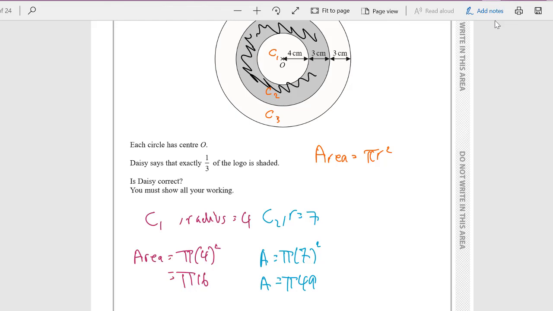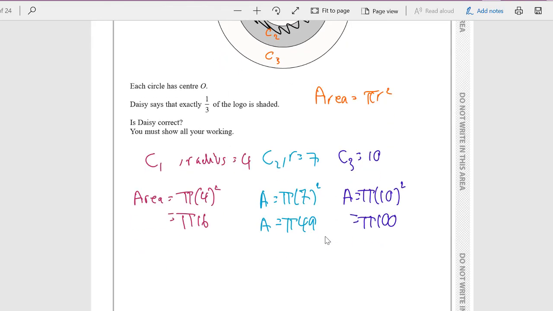And then finally, for the last one, C3, it has a radius of 10, so 4 plus 3 plus 3, that's 10. And so the area equals pi 10 squared, which is 100 pi, right?